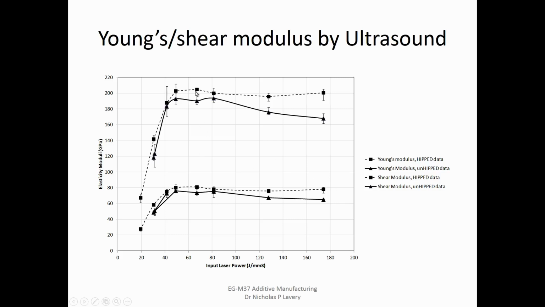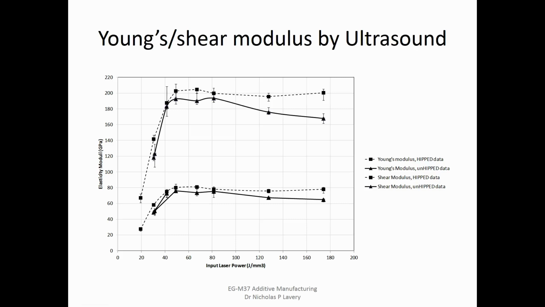So the black lines represent a 316 material, a steel, which in maybe a wrought form has quoted values of around about 200 GPa for the Young's modulus. And you can see here various laser settings that were put into the 316. There is a lot of porosity in these.